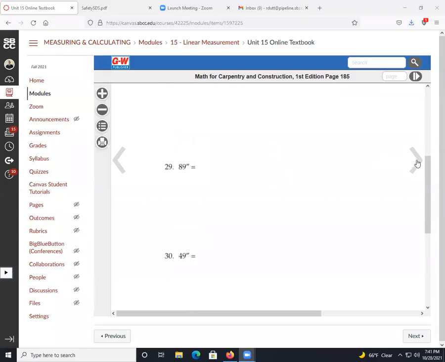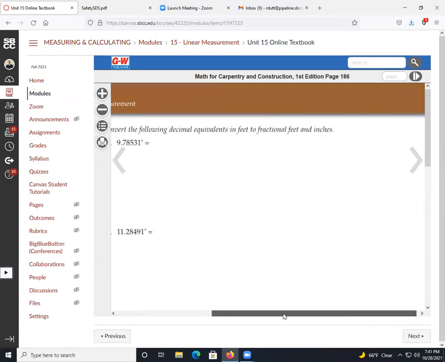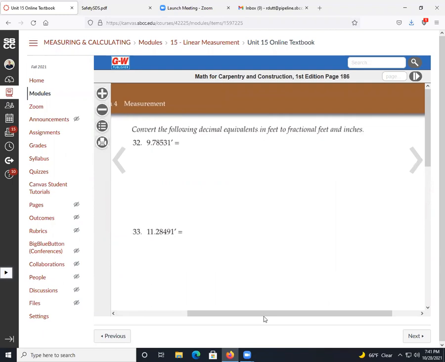Did all those. Okay, now this is fun. We're going to convert these guys into fractional feet and inches. So we're going to do the first one.